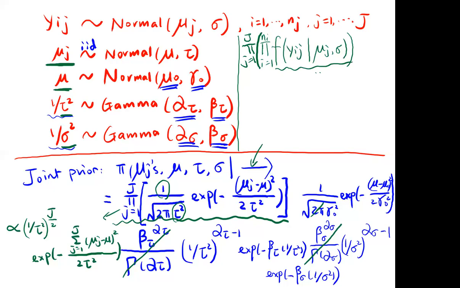Okay? So I'm going to pause here. I will ask you to work out the joint likelihood. You need it just because later you have to collect terms about mu J and sigma. Those are the main things you need, because mu J and sigma both go into the likelihood. And then later you will need them when you're trying to derive the full conditional. Okay? So I'll pause here. I will write something on the board and then later you can compare it.